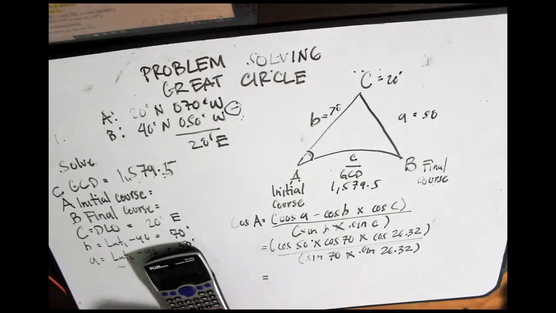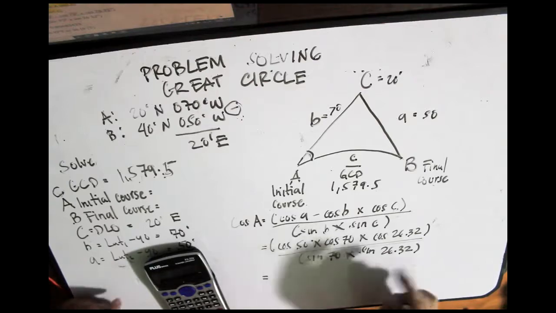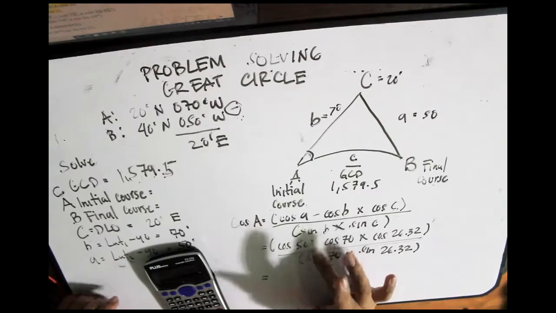So, sa ating calculators, okay, open parenthesis, cosine 50 times cosine 70. Ay, hindi. That is minus. I'm sorry. Okay, ulitin natin ha.